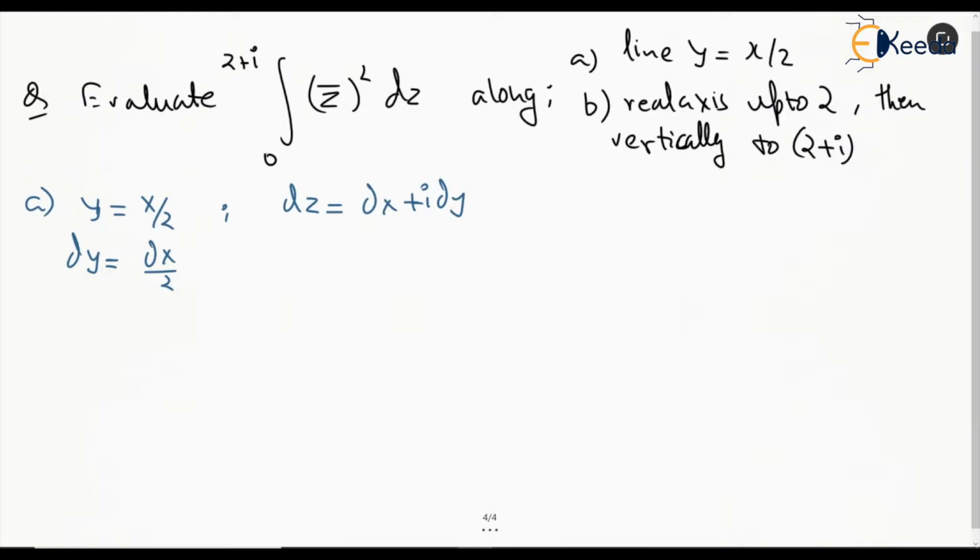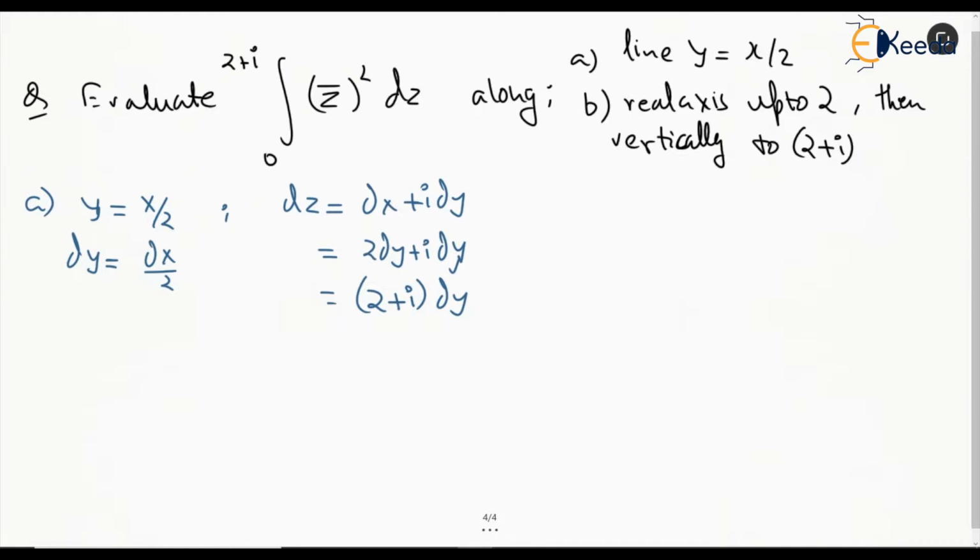Since dy and dx are related, we can write it in terms of dy, and we can write dx is equal to 2 dy, plus i times dy. So it is 2 plus i times dy.